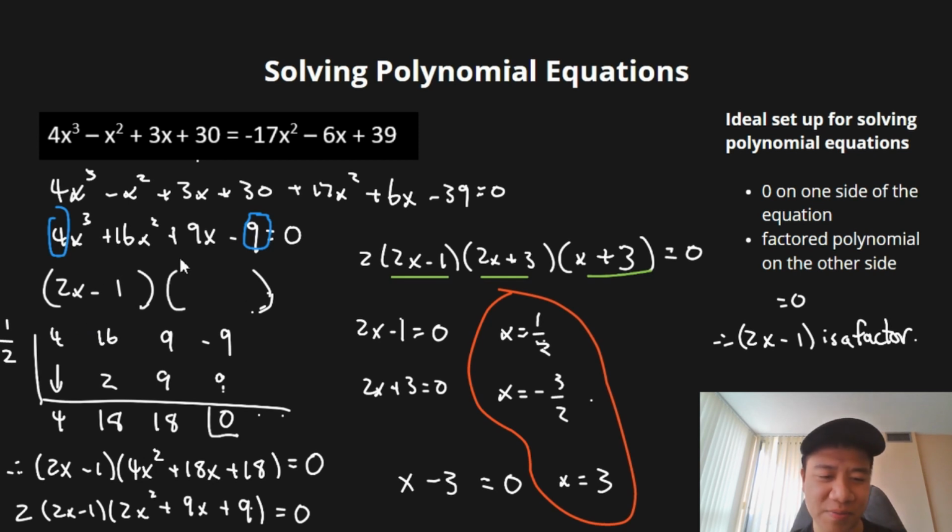The next thing we did was we used division to divide these two together to get the other bracket. And since this was a quadratic, we can factor this without using synthetic division. We could just use crisscross, sum and product, or any other method of factoring quadratics to get our ideal setup over here, a factored polynomial. Okay, and that's how you do it.